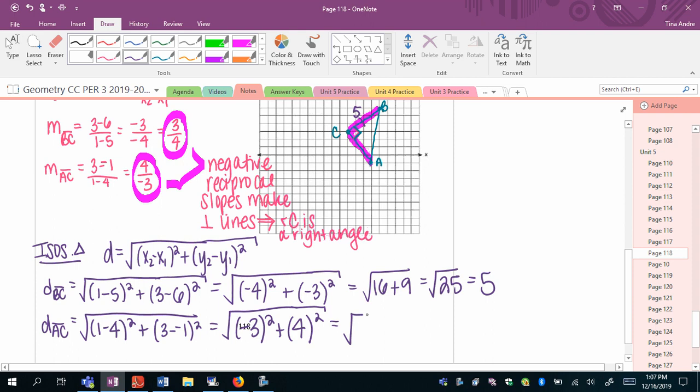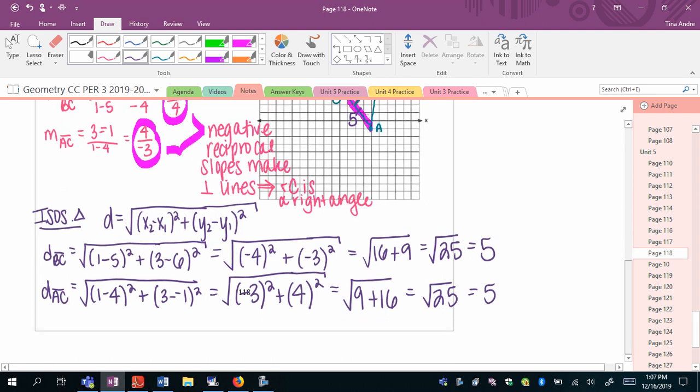So that means I'm going to have 9 plus 16, which is the square root of 25, which is 5. So that's good. Now I can label my picture now that I know I got the same calculation. So now, since these sides are equal, this shows that the triangle is isosceles. And since it has a right angle, we know that the triangle is also a right triangle.